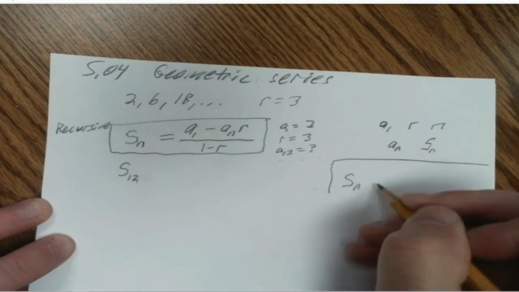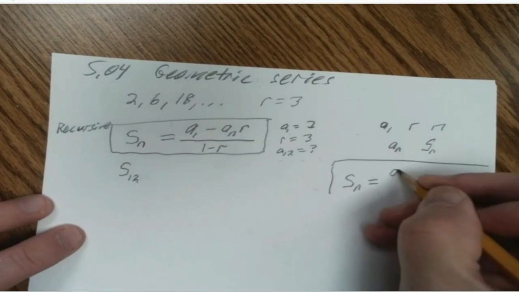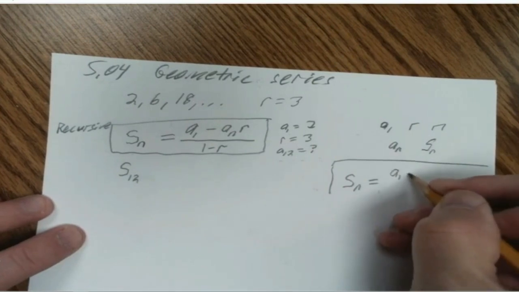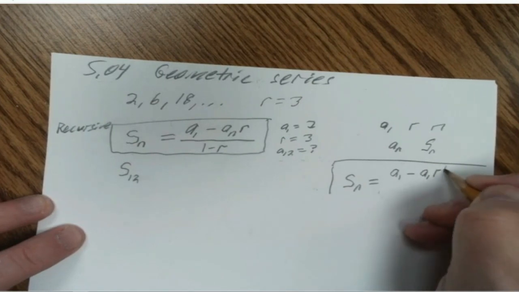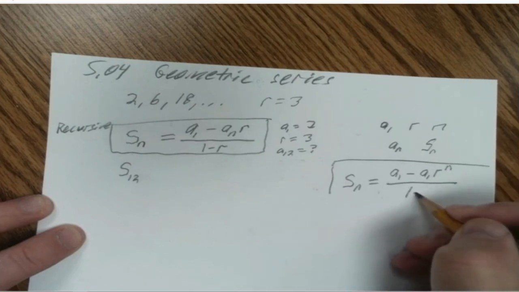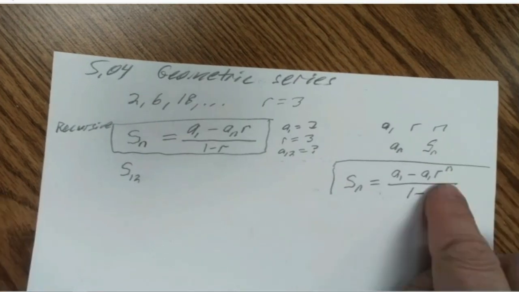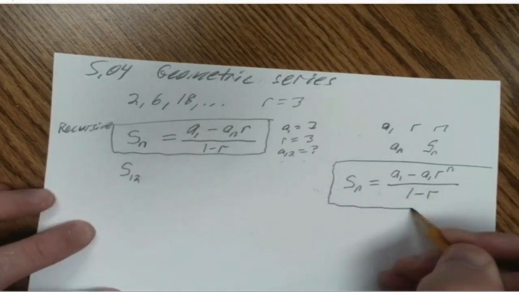S sub N equals A1 minus A1 times R to the N, over 1 minus R. R to the N. Oh, that's a little different. So let's see, what would that mean here?